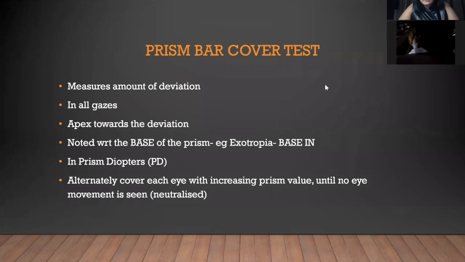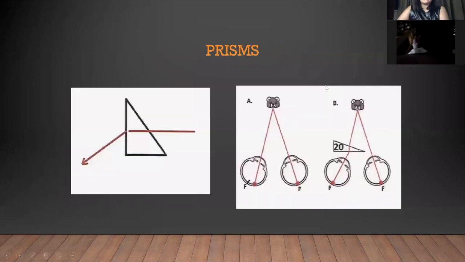Okay. So this is the physics of refraction in a prism where light is deviated towards the base. And you can see in this image that when you have a prism which deviates it towards the base, this is a squinting eye where the image is not falling on the fovea.